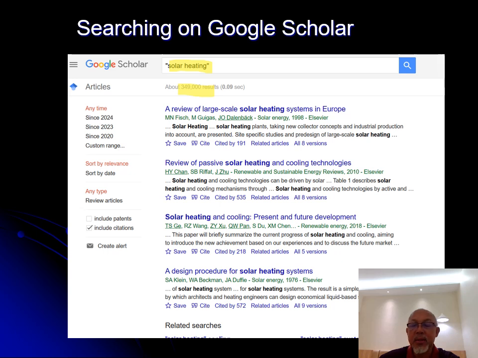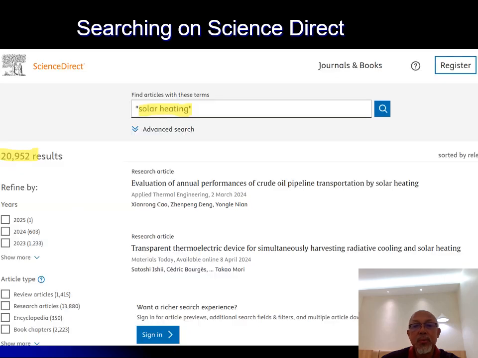In this case, we can find the latest ones, 2024 for example, and we can look at the numbers changing. Right now it still has all of them, that's why it is 300,000. Now, if we want to, we go to Science Direct, for example, which zooms in further to look only for quality journals and research articles, and we have gone down from 350,000 to 20,000 results for solar heating.